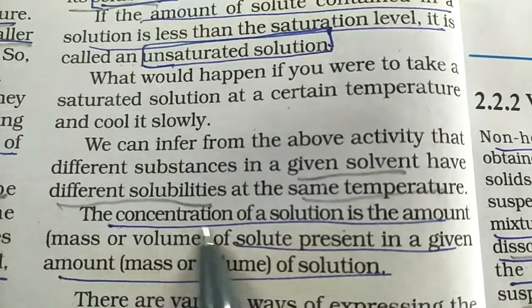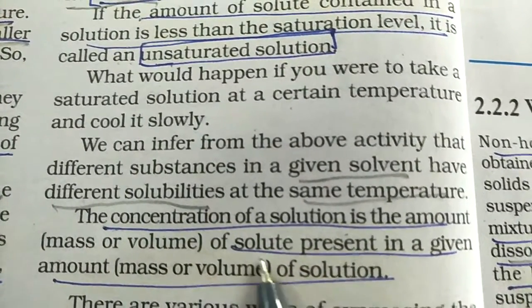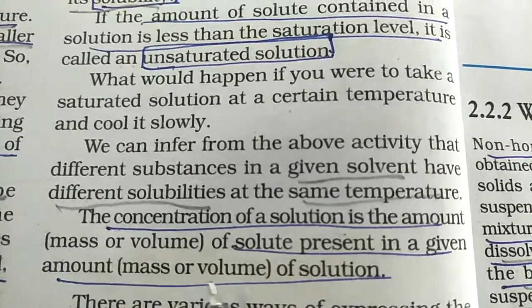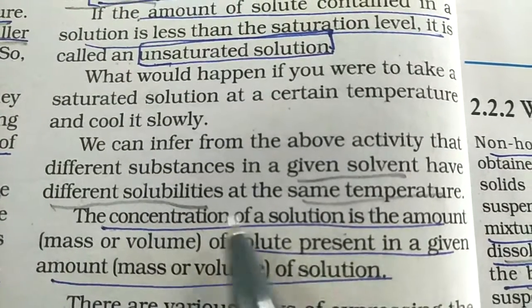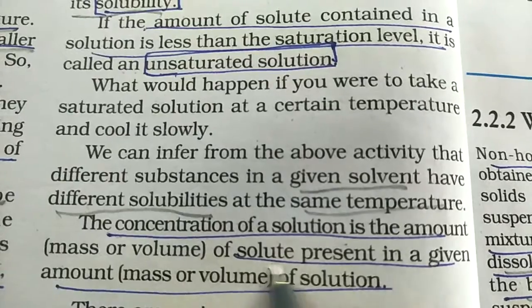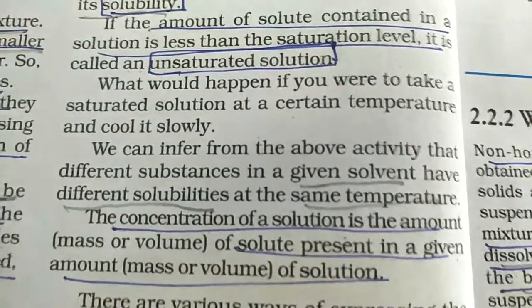So you can calculate the concentration of a solution on both terms, of a solute present in a given amount, again in mass or volume, of a solution. So how much solute is present in this solution gives the concentration. The amount of solute present gives the concentration of the solution.